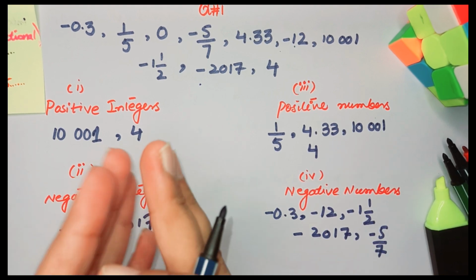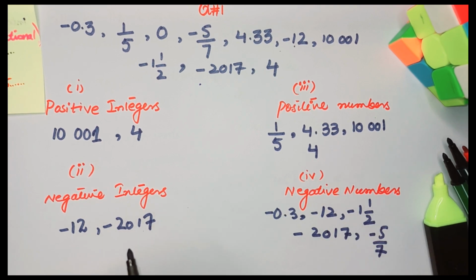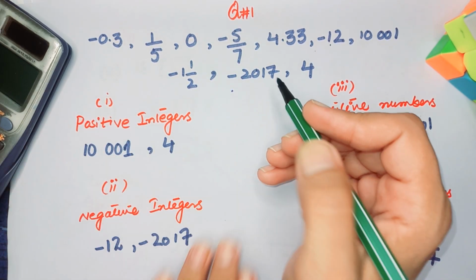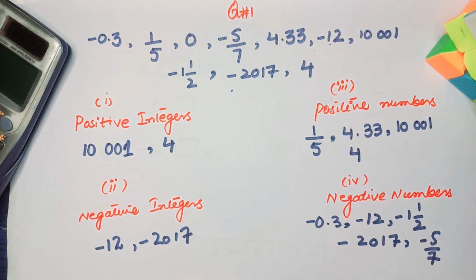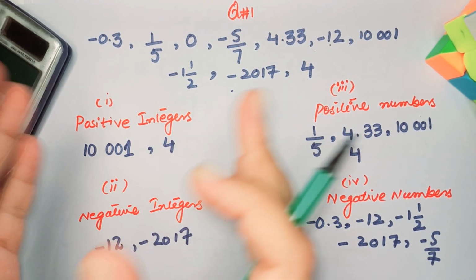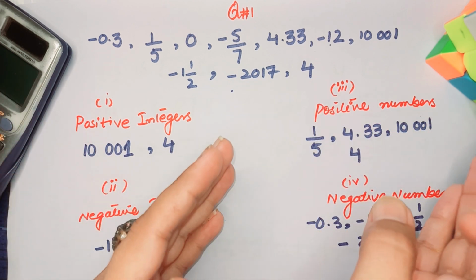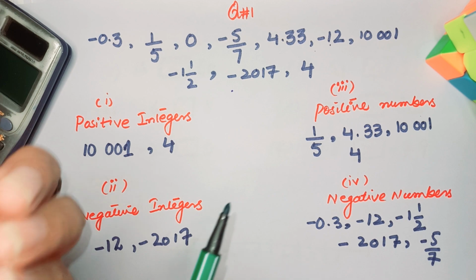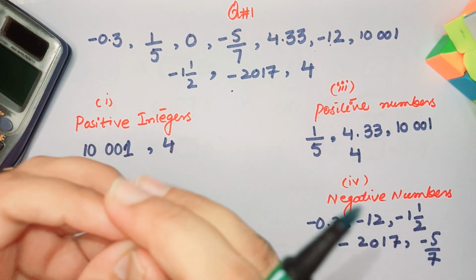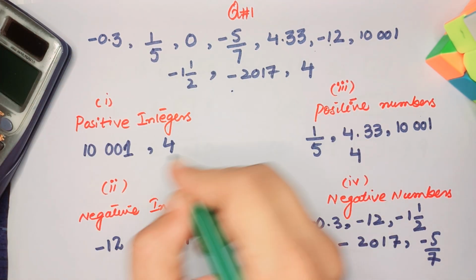Negative numbers are identified by the negative or minus sign with them. Students, you can see that 0 is left. 0 is not a positive integer, not a negative integer, not a positive number or a negative number. 0 is a number but not positive or negative. So it means 0 is nowhere here.